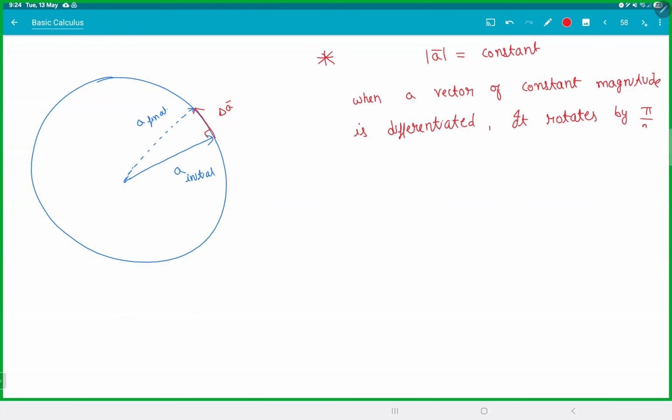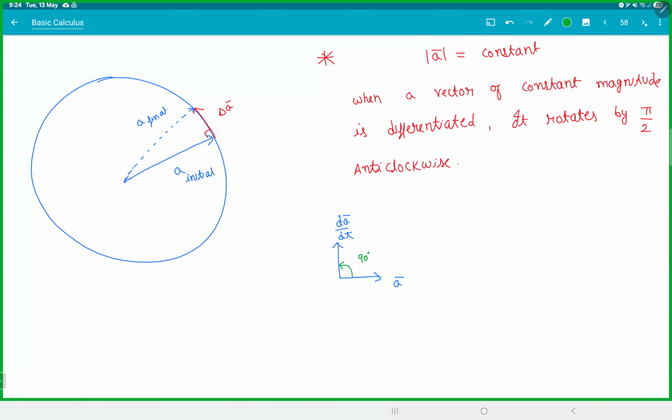It rotates by pi by 2 anti-clockwise. That means if this is A bar, if you differentiate, this will become dA bar by dt. So this thing has rotated 90 degrees anti-clockwise.